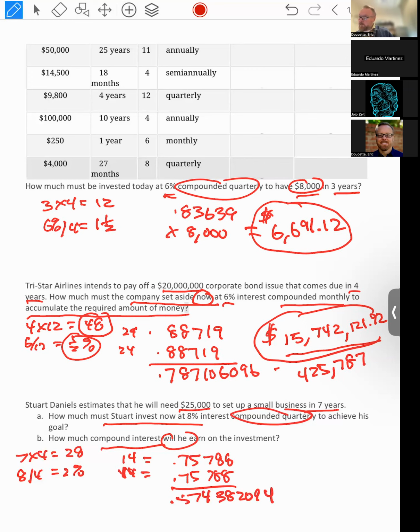Multiply that by the 25,000. That means that I need to have $14,359.55. That's how much I need to have now to invest. The present value of the 25,000 in 7 years is 14,000.